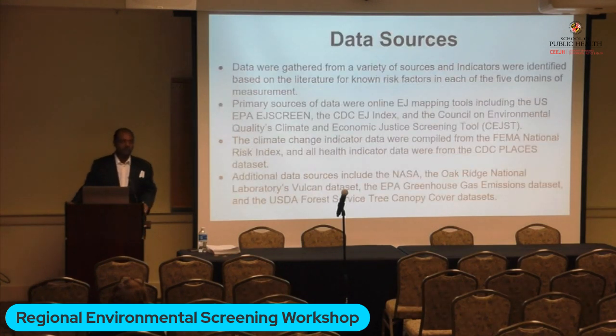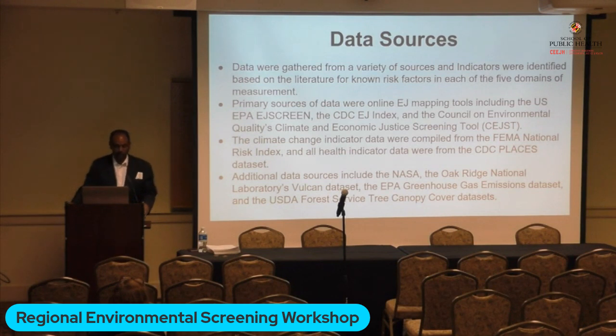So we collected different types of data from different sources, just to mention some of them. We have 6 domains and we have 65 indicators included in this tool. We used EPA EDGE Screen, CDC, and the climate change indicators collected from FEMA. We also collected health indicators from the CDC PLACES dataset.